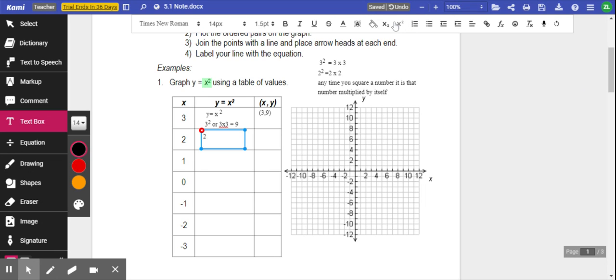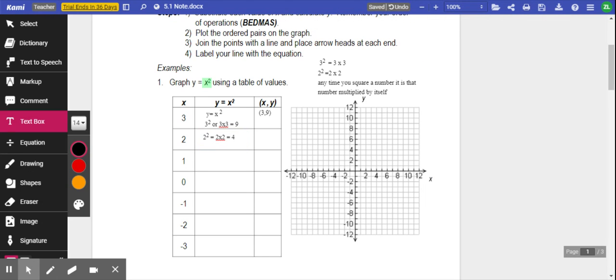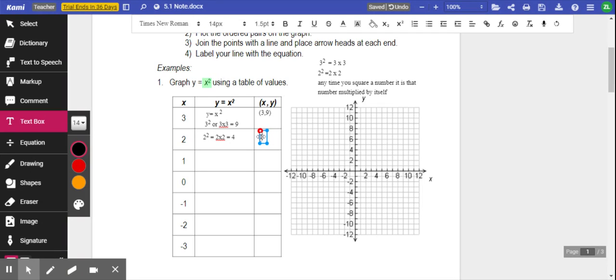So in this case, 2 squared, or 2 times 2, equals 4. So we then have 2 and 4.